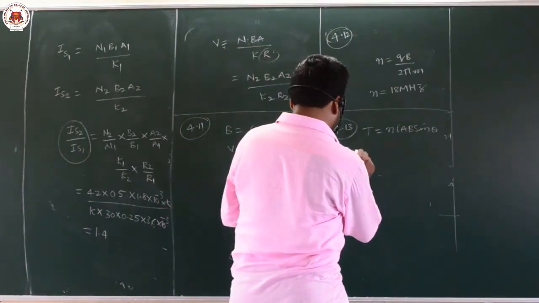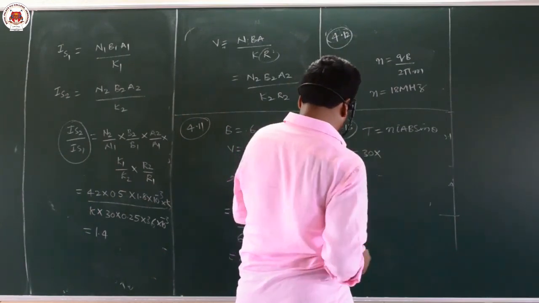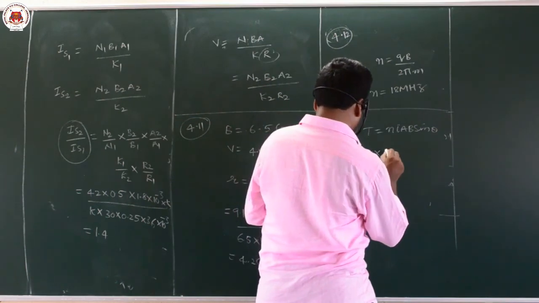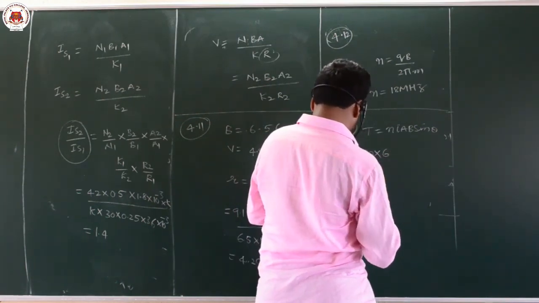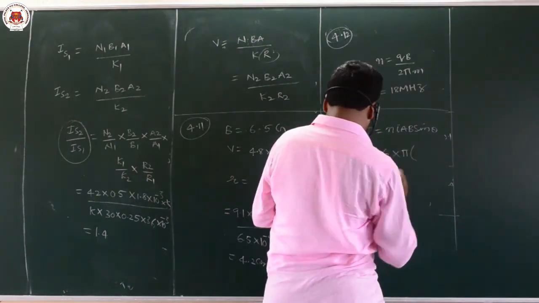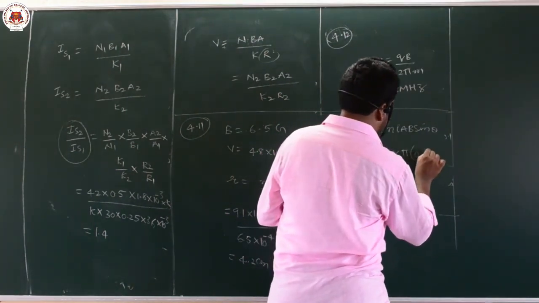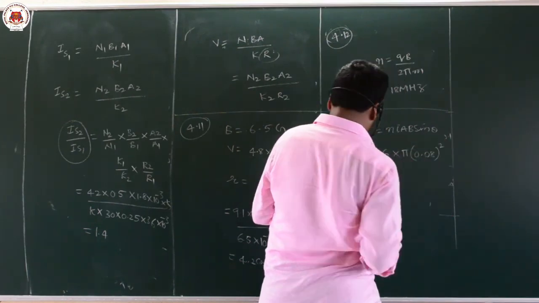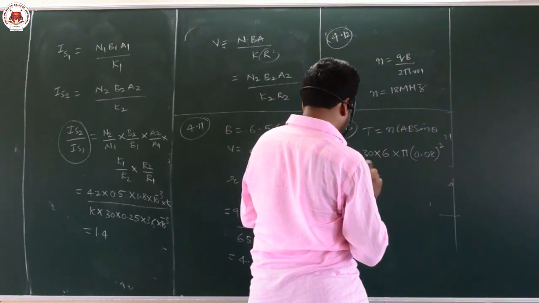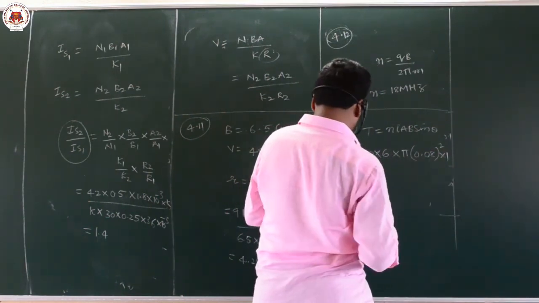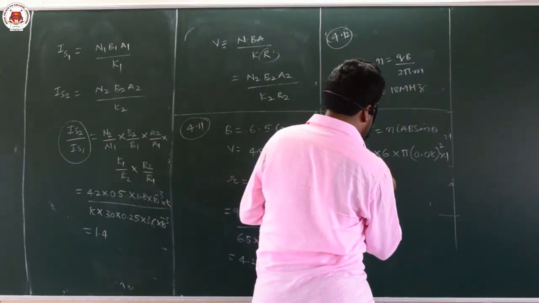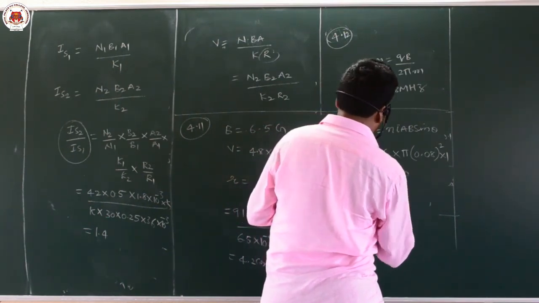N is given as 30, current is given as 6, and area is pi r square, that is pi into r value, given as 0.08 because it is a circle. The magnetic field is given as 1 Tesla, and theta is given as 60 degrees, sin 60. Substitute, you will get the answer.